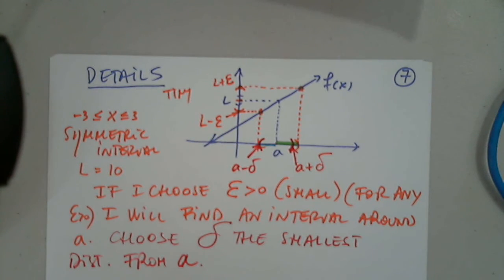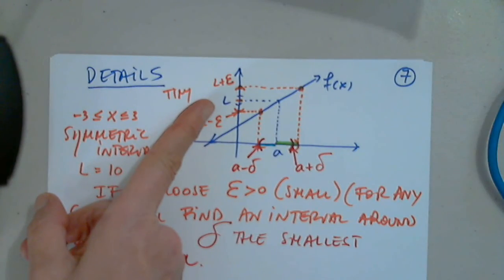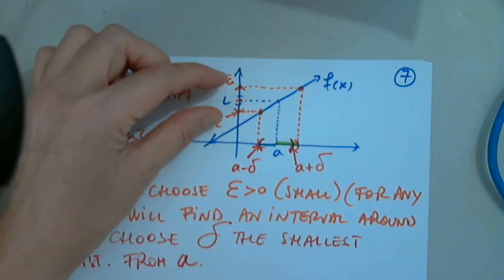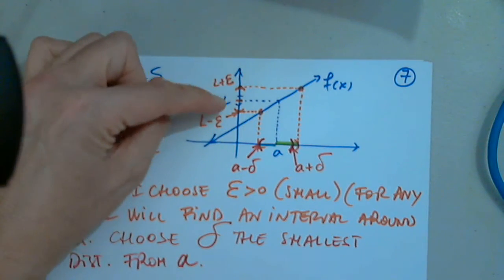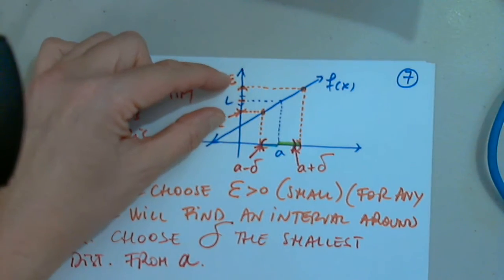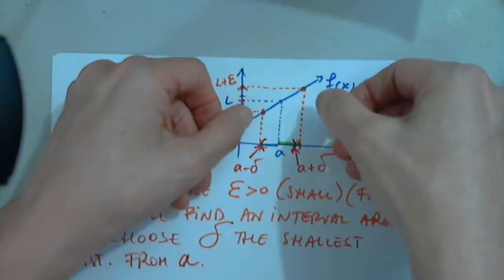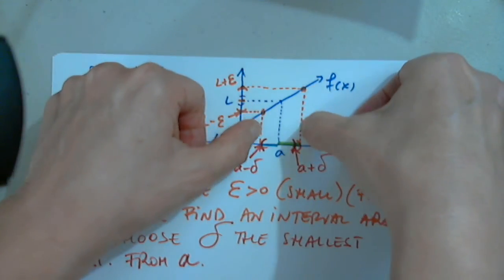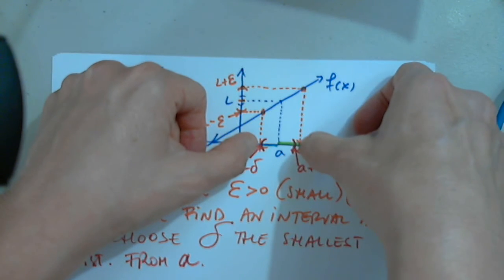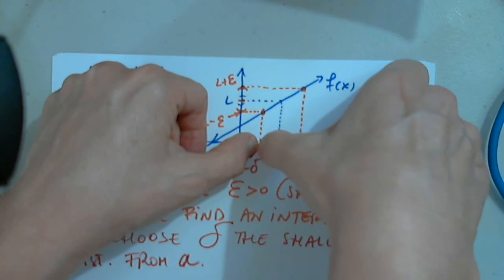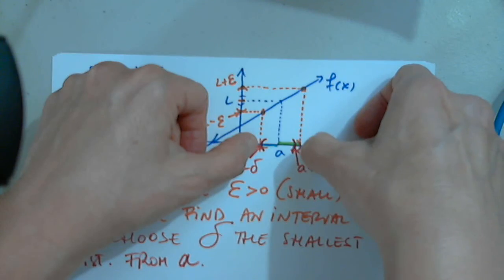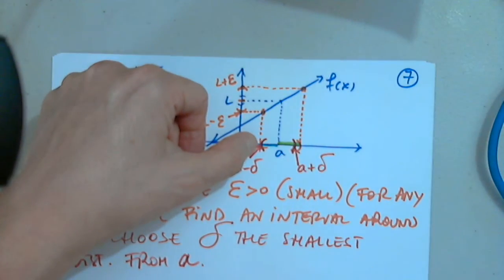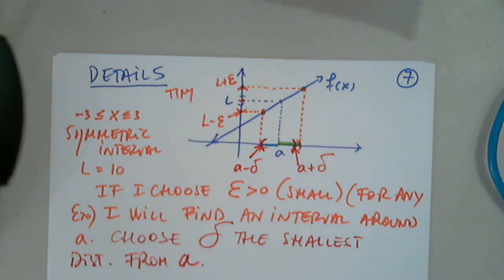So let's stop and see what we just did. By choosing an epsilon small, I constructed a symmetric interval around L. And when I wanted to see what happens around A simultaneously, when I choose the epsilon, I realized that I get a small delta and a big delta. I always have to choose the smallest of the two. Okay.